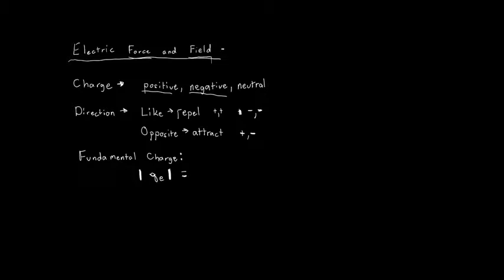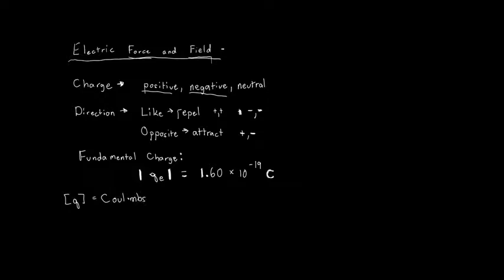And we take the absolute value of this, we get the fundamental charge of 1.60 times 10 to the negative 19 coulombs. And that is the fundamental charge, where C, the units of charge, is going to be equal to coulombs.